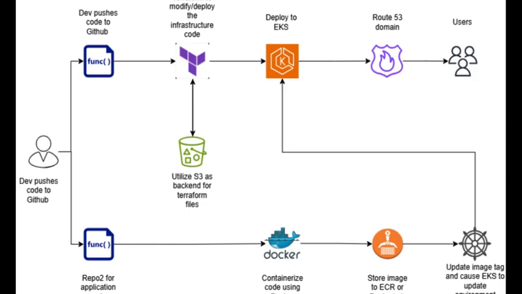It starts by checking out the infrastructure code, then securely connects to AWS using credentials. Next, Terraform init prepares the Terraform environment. Terraform validate checks the configuration, and Terraform plan previews what changes will be made.